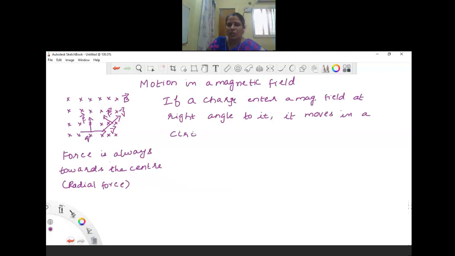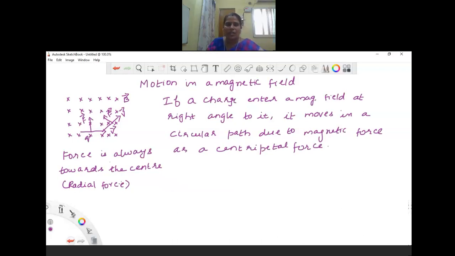It moves in a circular path due to the magnetic force acting as a centripetal force. I hope all of you remember this centripetal force, which you learned in your 11th standard.